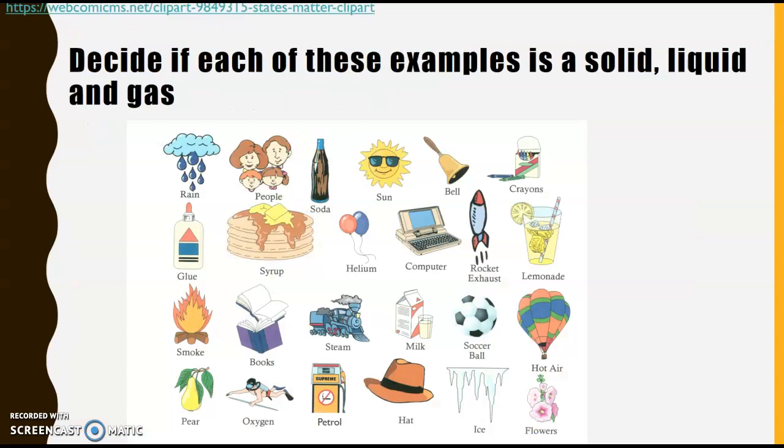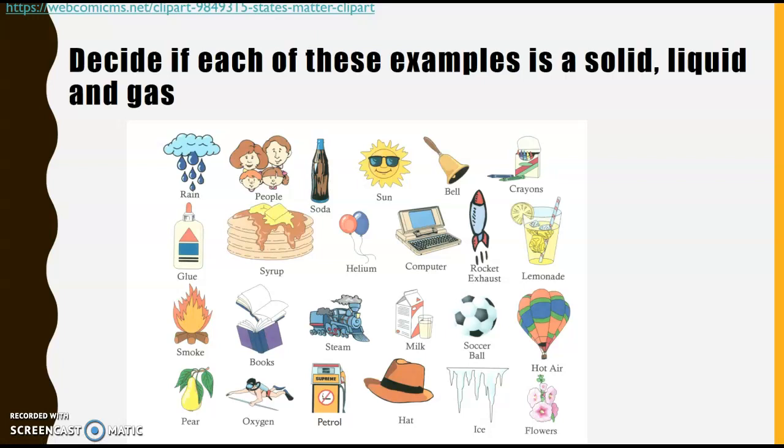Now, these are the objects, and I want you to look at each object and decide if it's a liquid, solid, or a gas. The first one is the rain that we usually get. You have to go back to your table, decide if it's solid, liquid, or a gas, and put it in the correct column.